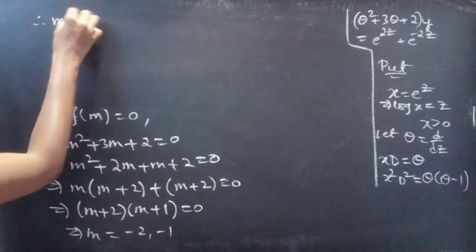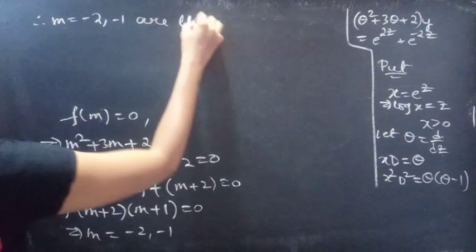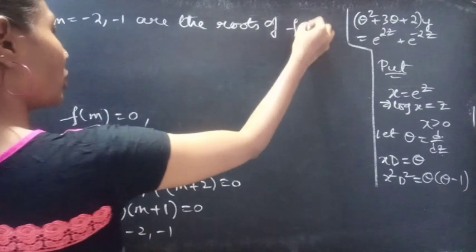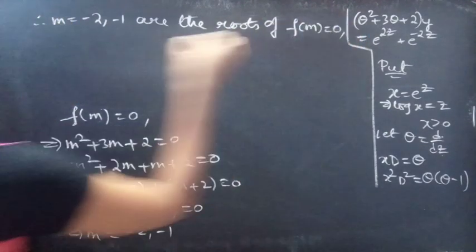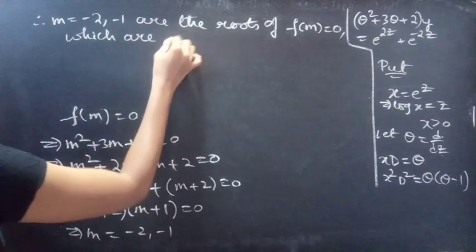Therefore, m equals minus 2 and minus 1 are the roots of f of m equals 0, which are real and distinct.